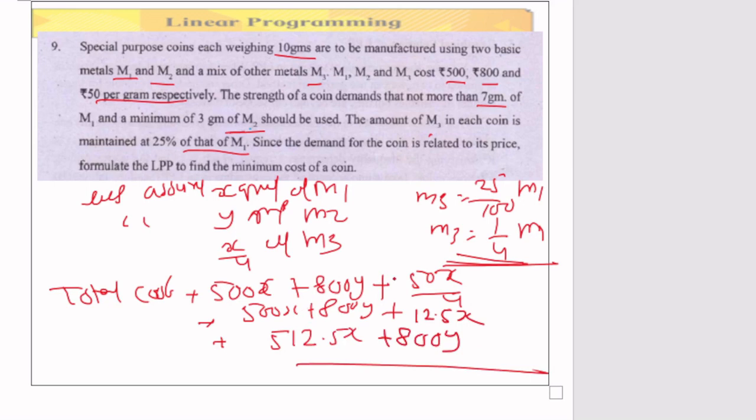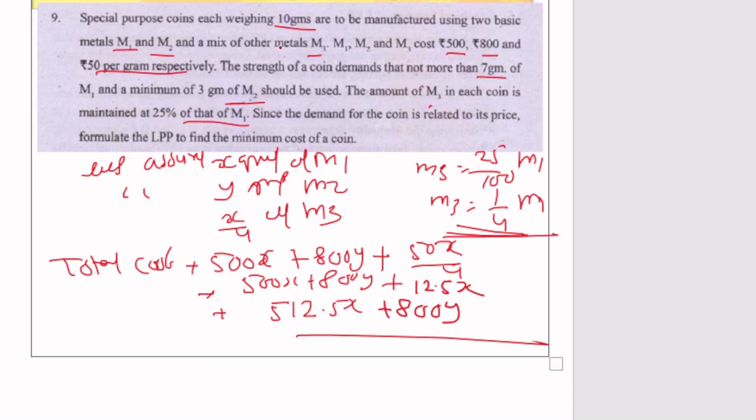Subject to that, we now have to find the constraints. Total weight of the coin should not be more than 10 grams. So x plus y plus x by 4 is less than or equal to 10.